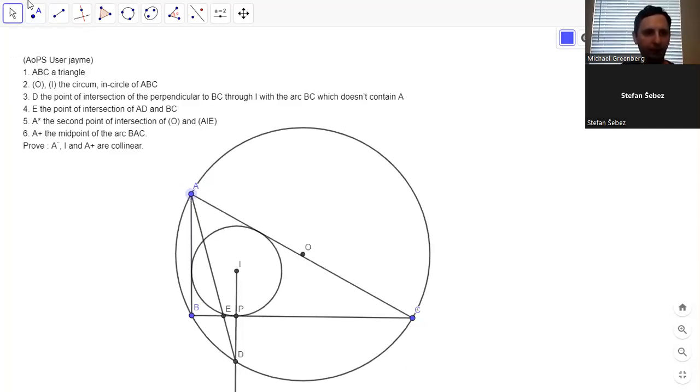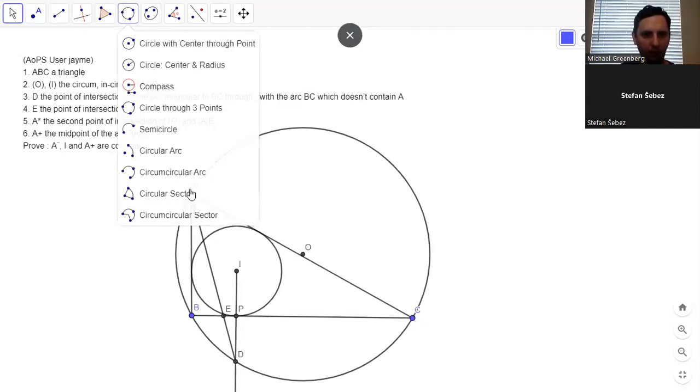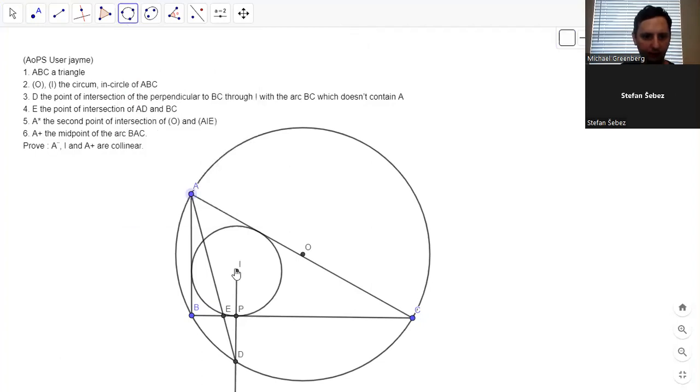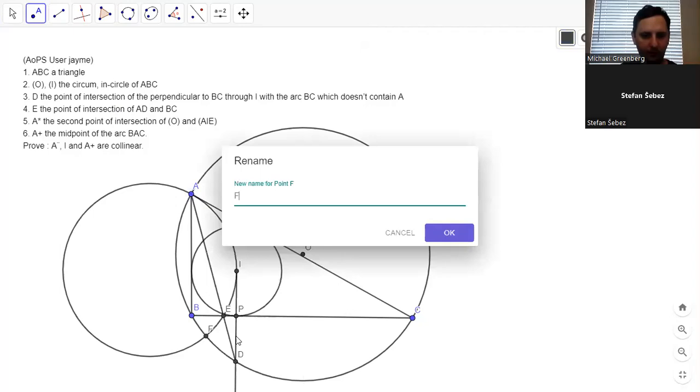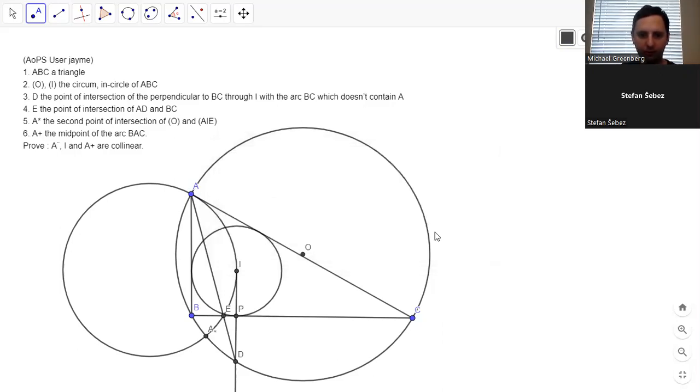And then we draw the intersection of O and AIE. So this point right here, call it A star. How do I draw A star? Let's see if that works. But it's a subscript instead of a superscript.